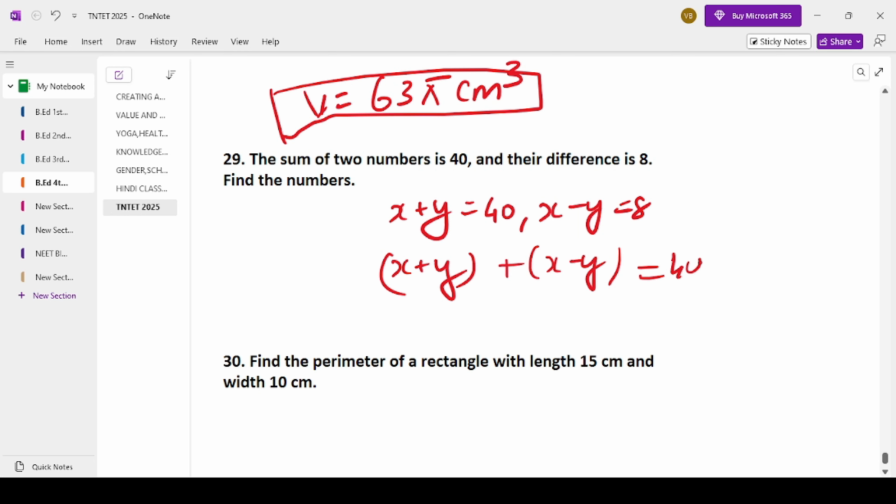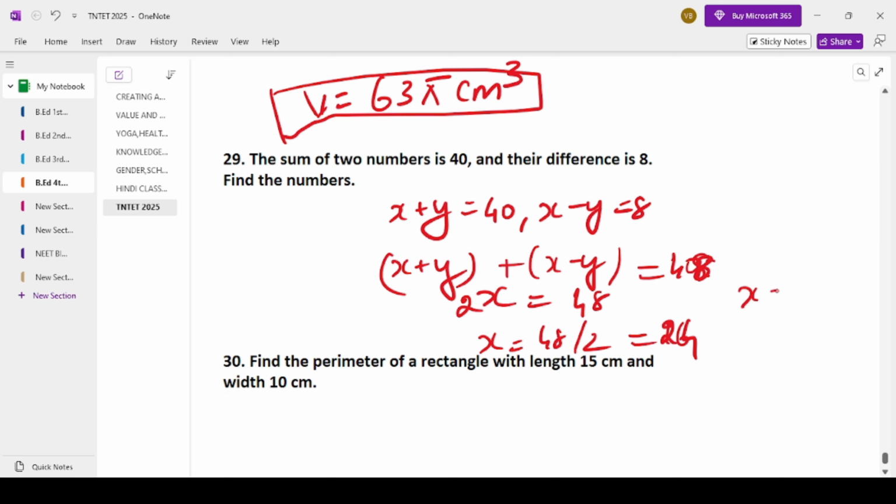So 40 is given. So you have to add these two, 48 will come for you. So when you add these numbers, 2x, because y cancels. So 48 will come. x is equal to 48 divided by 2, which gives you 24.